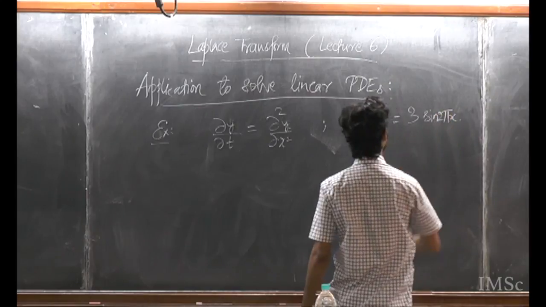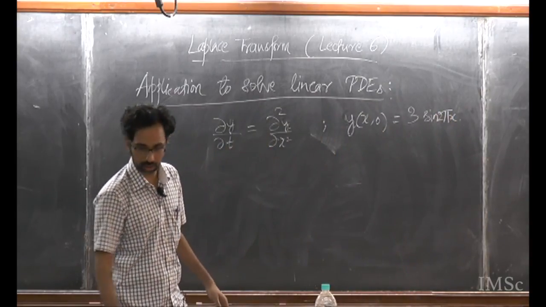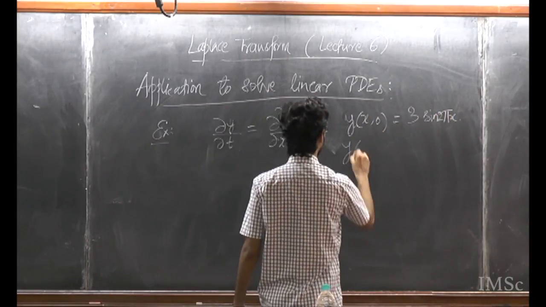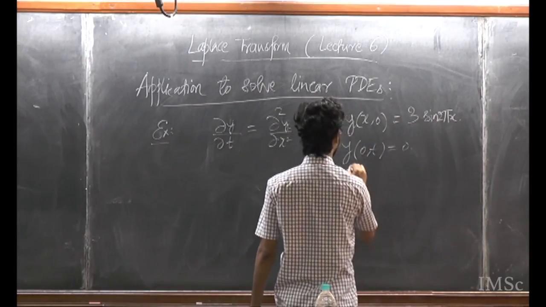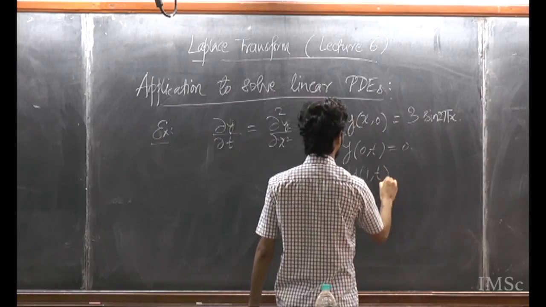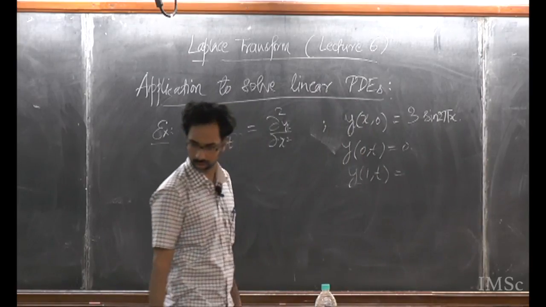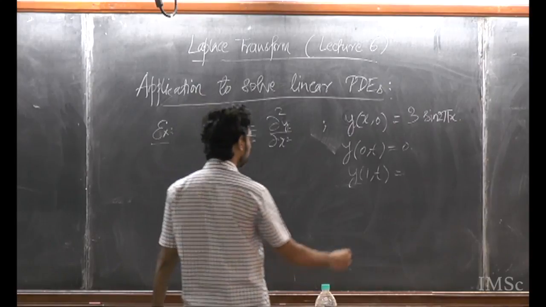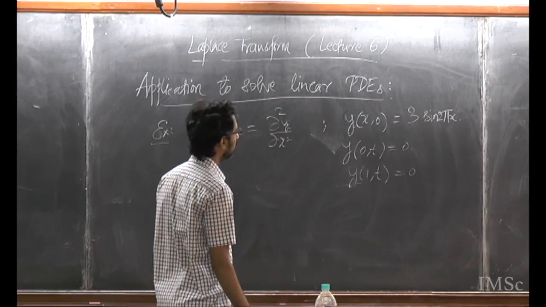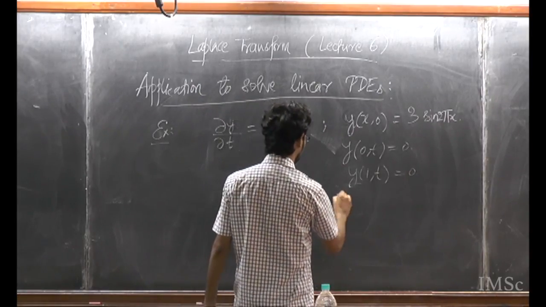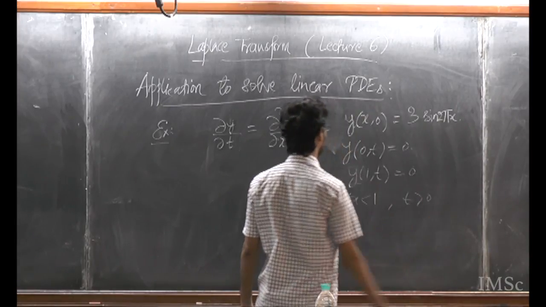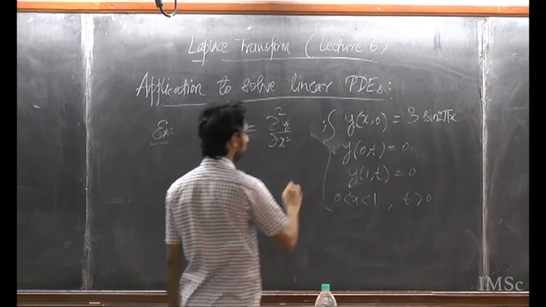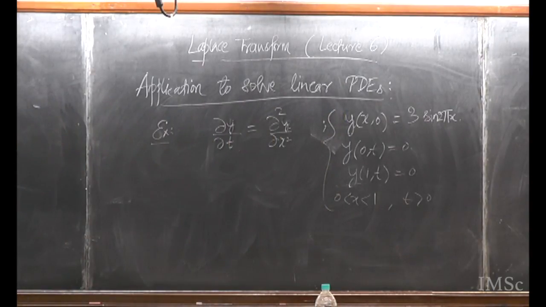And y(0,t) equals 0, y(1,t) equals 0. So the range of x and y is 0 less than x less than 1, t is positive. So these are the conditions.